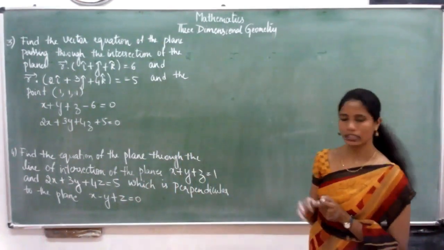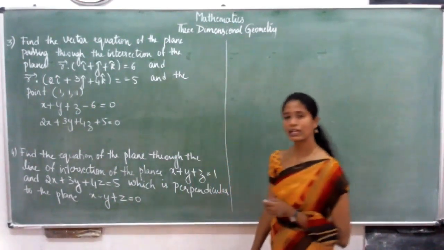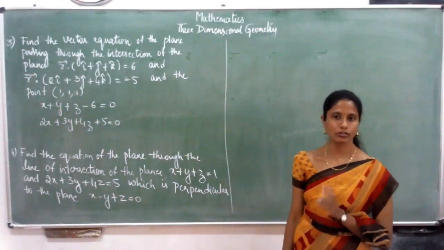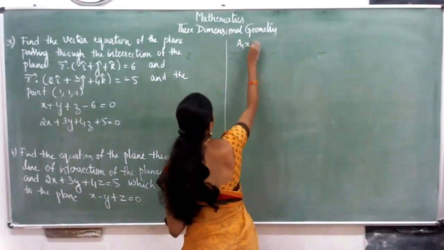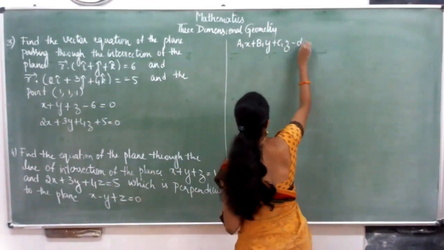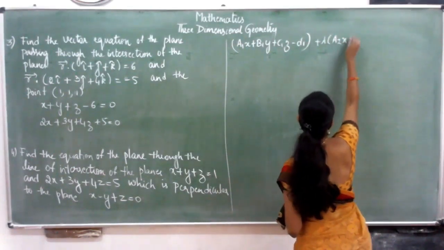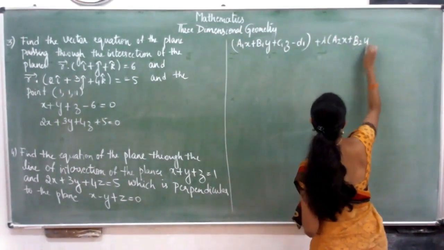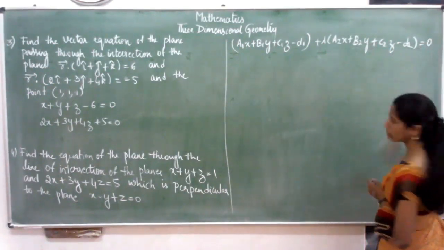As they are given in Cartesian form, first let us write the equation of the plane passing through the intersection of the 2 given planes in Cartesian form. It is given by a1x plus b1y plus c1z minus d1 plus lambda times (a2x plus b2y plus c2z minus d2) is equal to 0.